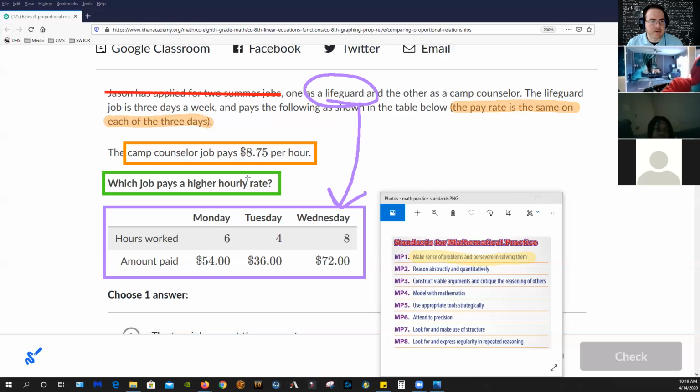Here, you guys try this. See if you can come up with your own decision as to which one pays more. I'm going to stress a couple things. We're going to model our mathematics, and we're going to attend to precision. We're going to be very careful about making sure we're very precise. We'll be back in just 1 second.